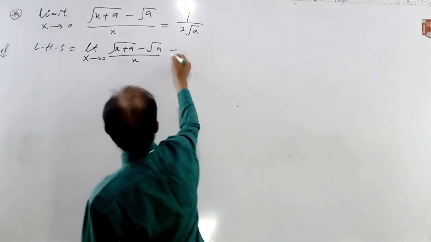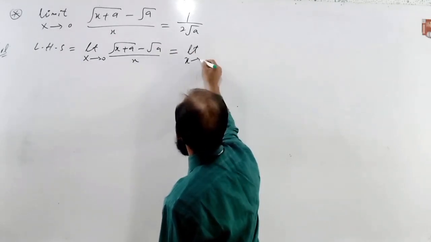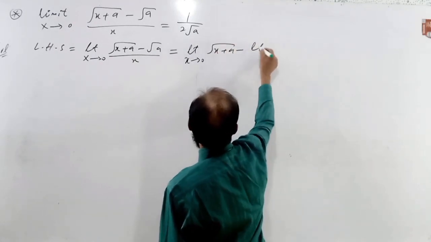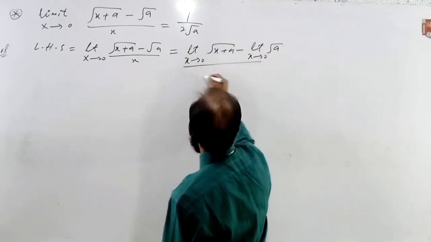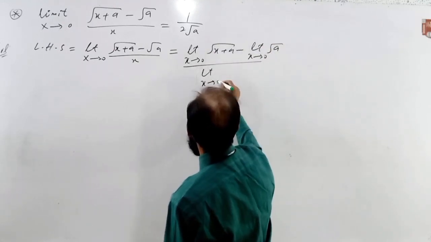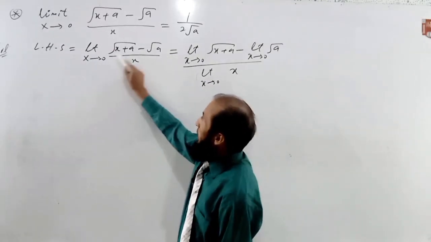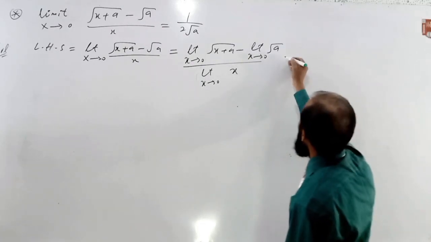If we apply limits individually on each term, numerator and denominator, limit x tends to 0 of square root of x plus a minus limit x tends to 0 of square root of a, divided by limit x tends to 0 of x.